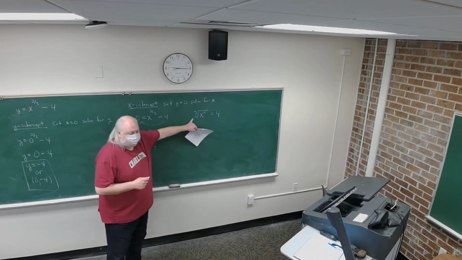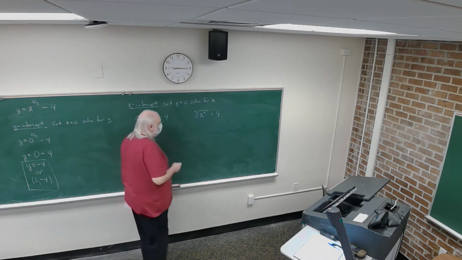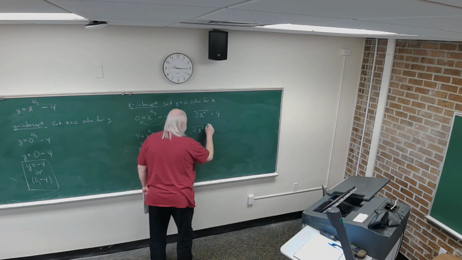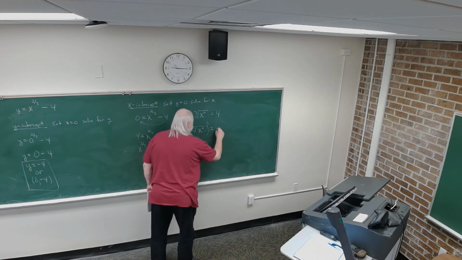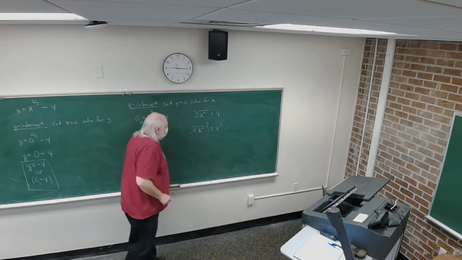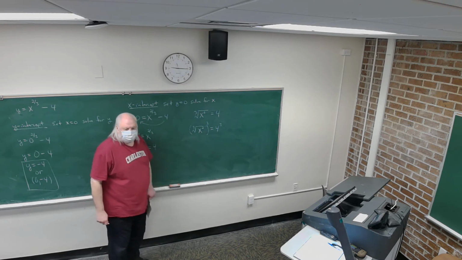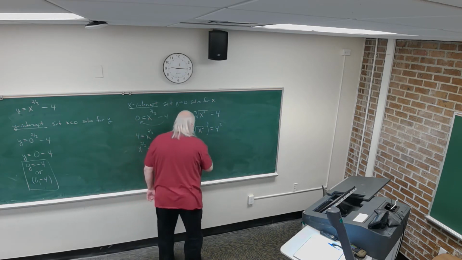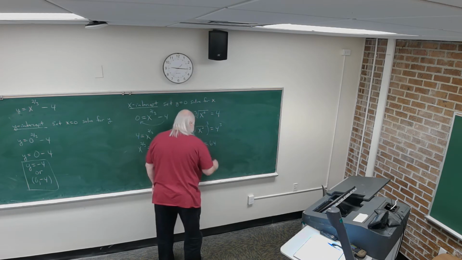Well, what undoes cube root? Cubing. So we cube both sides. Cubing undoes the cube root just as squaring undoes the square root. And we're left with x squared is equal to 64.